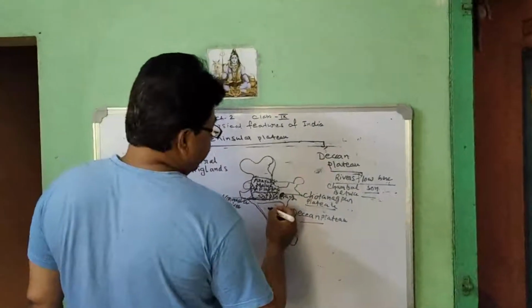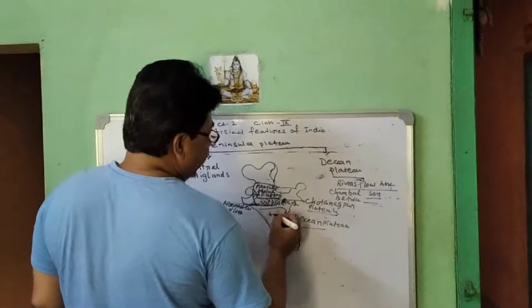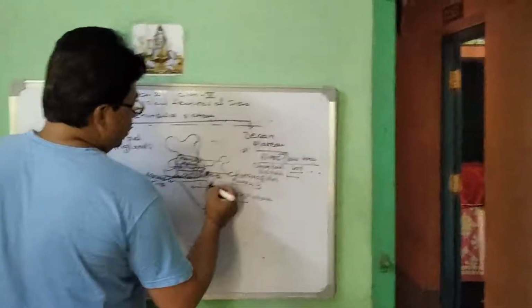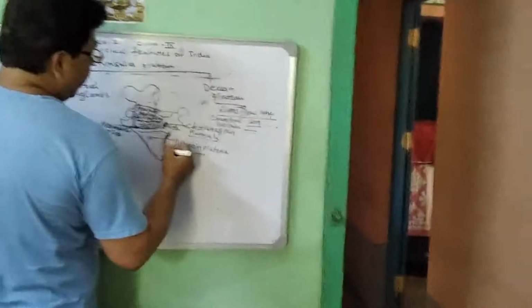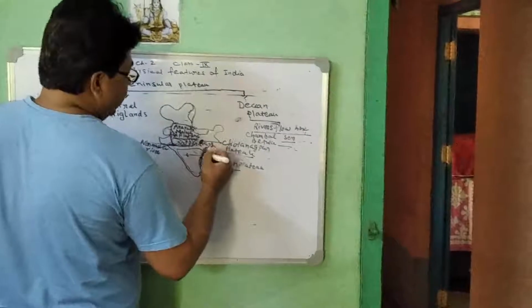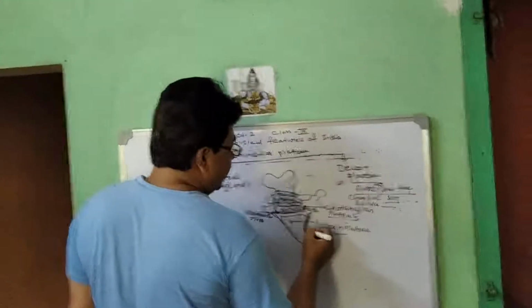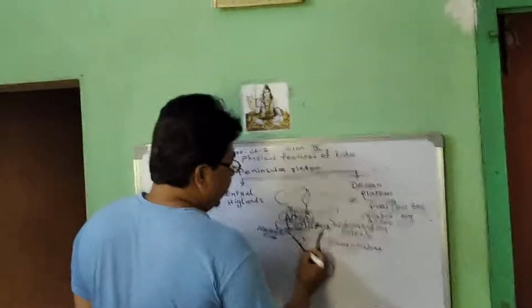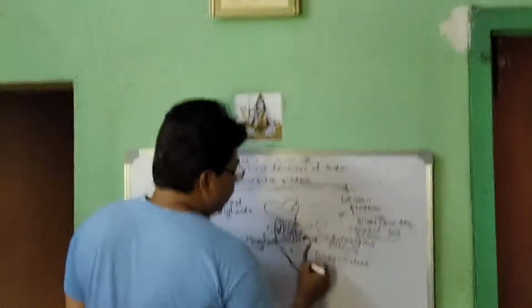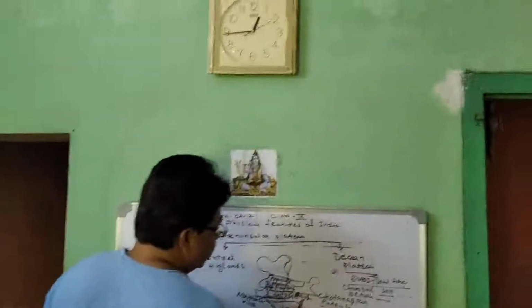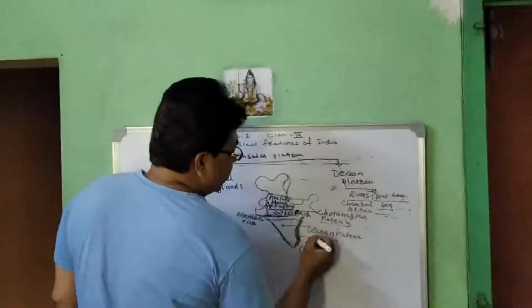So on the Deccan plateau there are two chains of mountain ranges, forming on the eastern and western sides of this plateau. This is known as the Eastern Ghats.